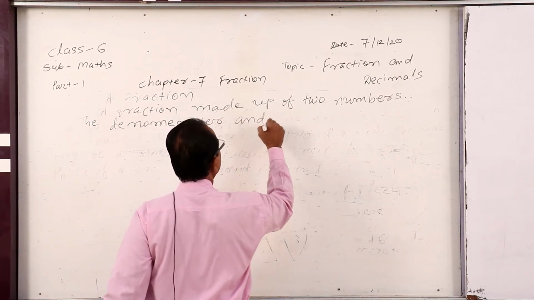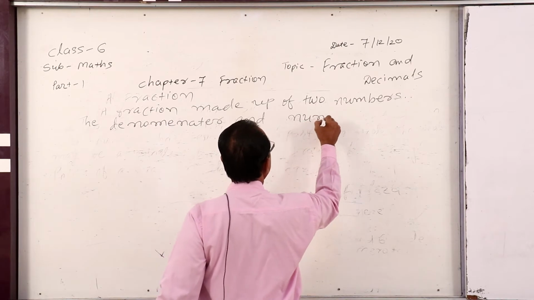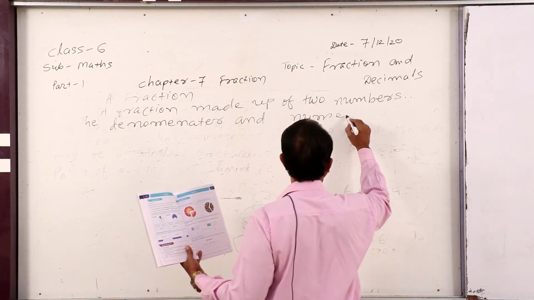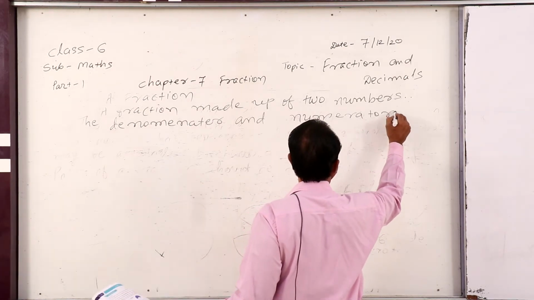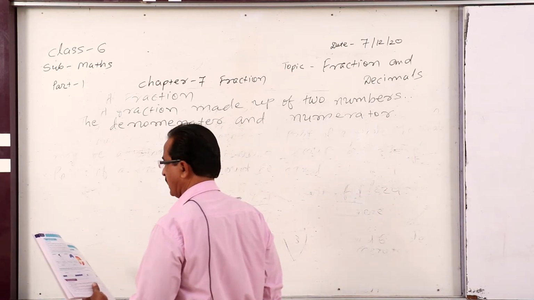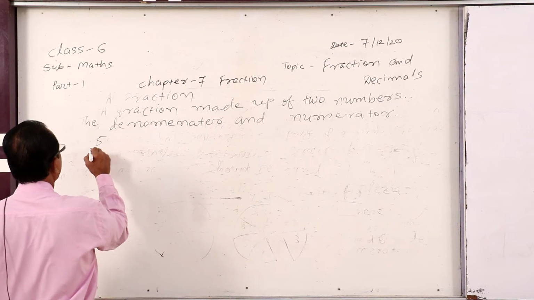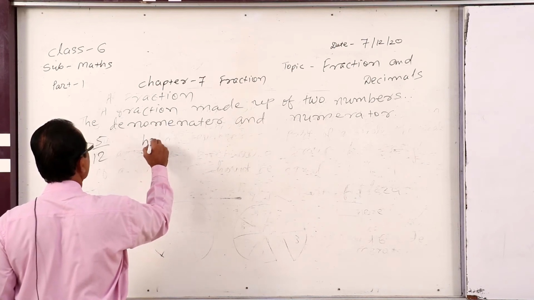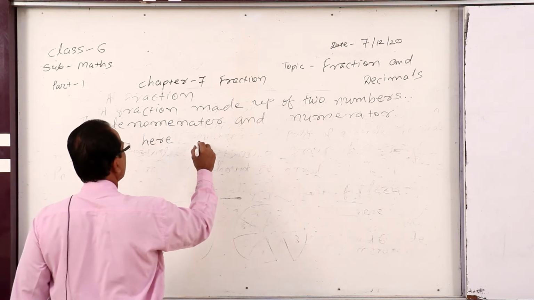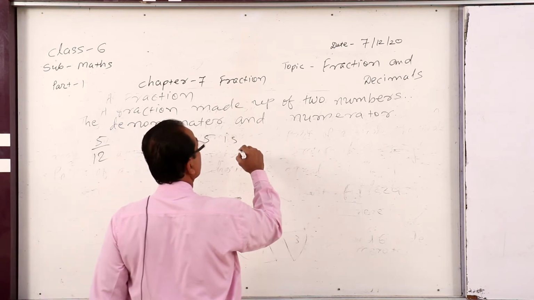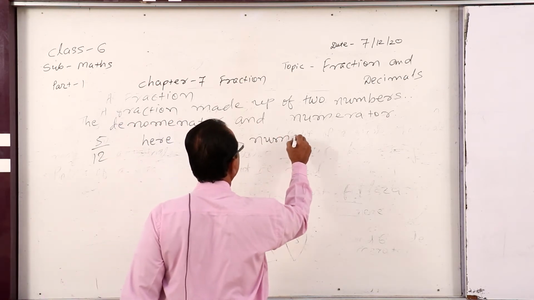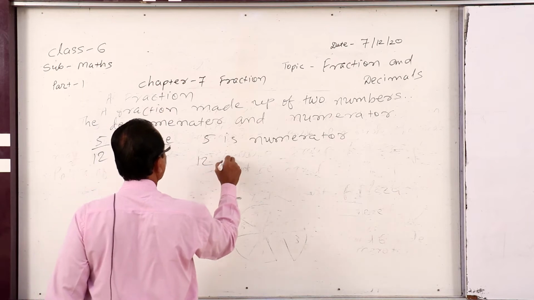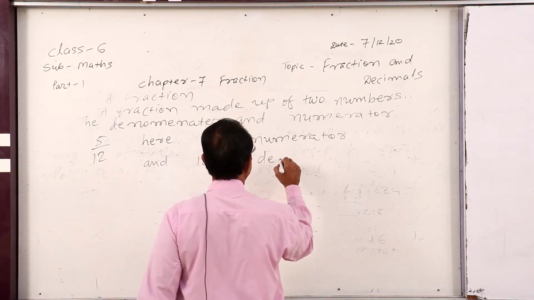Okay, like this, 5 upon 12. Here 5 is the numerator and 12 is the denominator.